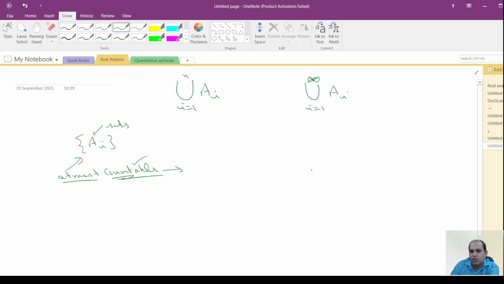But I cannot use this notation if, for example, this i is coming from R, or from the interval (0,1). Since this set is uncountable, I cannot write 1 to n in this way. This is only allowed if the set is at most countable.